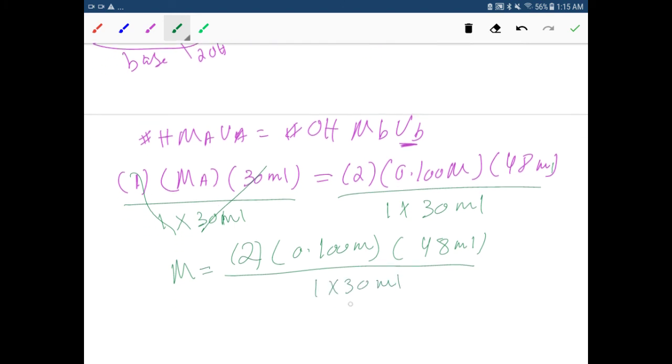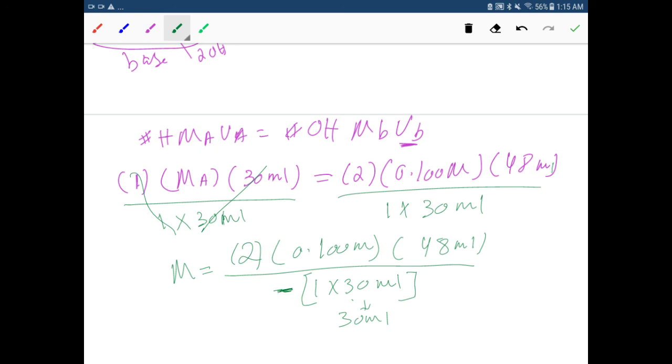Remember, you have to do the calculation at the bottom first before doing the top, because otherwise you're going to get the wrong answer. 1 times 30 ml is 30 ml. So now that I have only one number at the bottom, I can multiply and then divide normally.